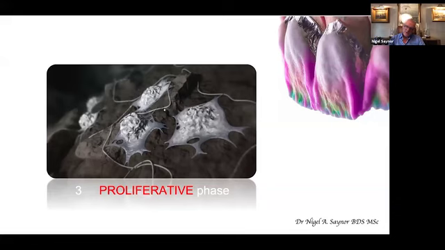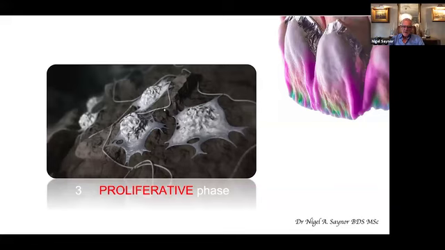If you are doing a lot of immediate loaded cases, think about the proliferative phase. This takes place at around about 7 days. This is where you've got woven bone, very weak bone. Try not to interfere with the restorative at this stage.